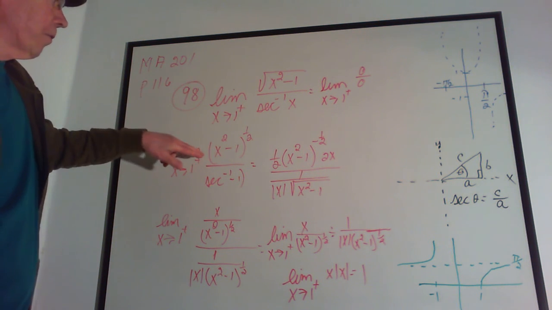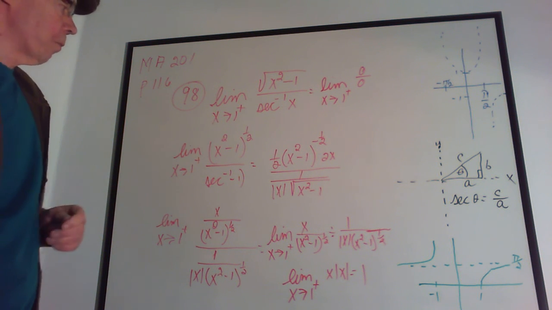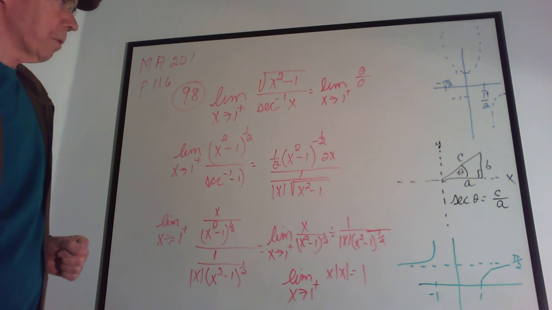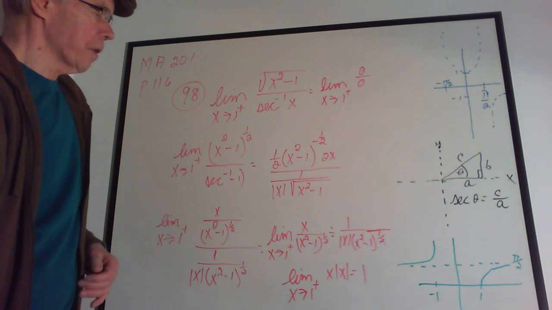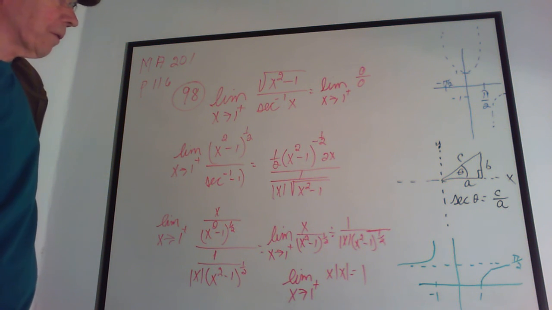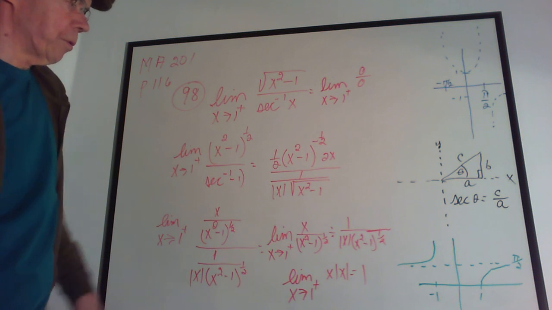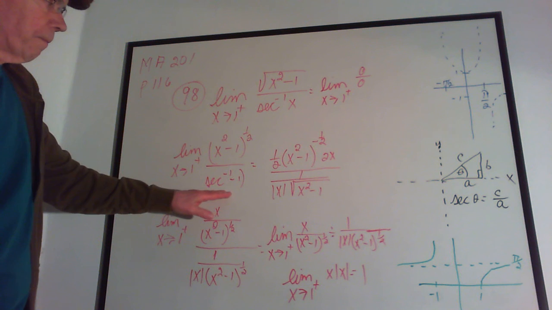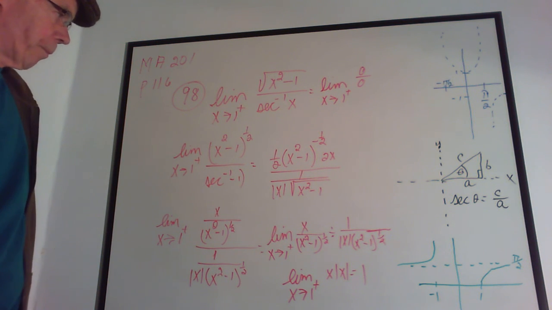So we convert this to x squared minus 1 in parentheses to the 1/2. Take the derivative, it's L'Hopital's rule. You'll get 1/2 of x squared minus 1 to the negative 1/2 times 2x over 1 over the absolute value of x times the square root of x squared minus 1. Look at your formulas for derivatives, this is what you'll get.